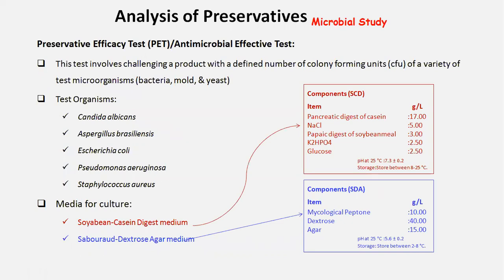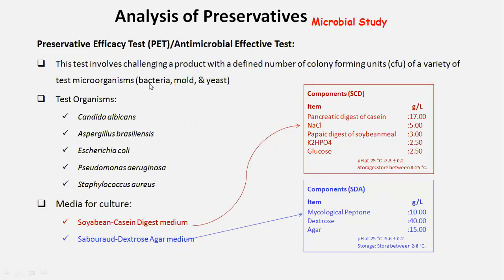The next test, that is a common test for all the preservatives, is the microbial study, also called the preservative efficacy test, in short PET, or antimicrobial effectiveness test. This test involves challenging a product with a defined number of colony forming units of a variety of test microorganisms.